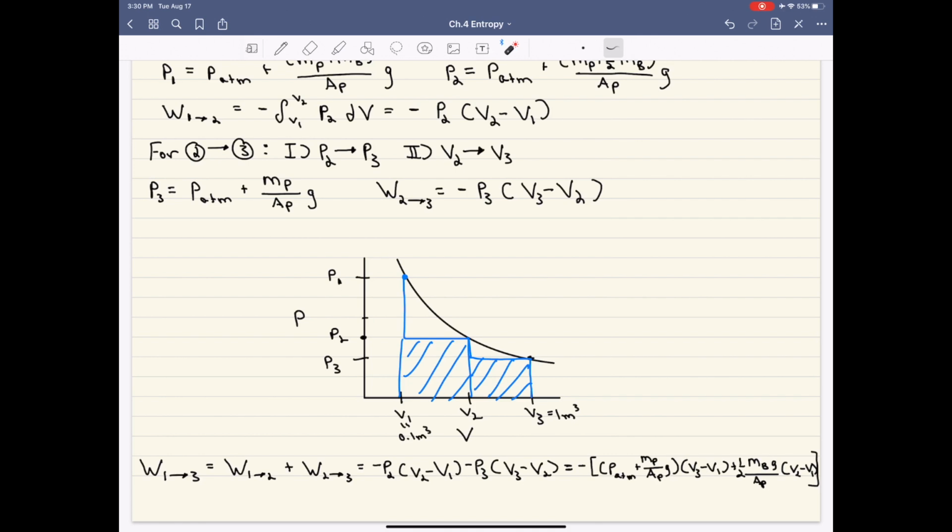And anyhow, the reason I bring that up is because if we take a look at this term in the work equation, where this is 1 meter cubed minus 0.1 meter cubed, this is the same exact term that we got when we calculated the work in case 1.